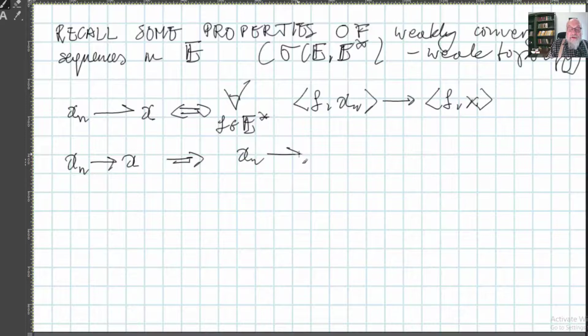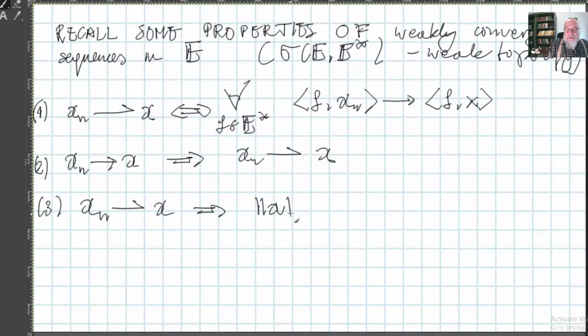And the third property: if xn converges weakly to x, then this implies that the norm of x is smaller or equal than the limit infimum, as n goes to infinity, of the norms of xn. So that means xn is also a bounded set.